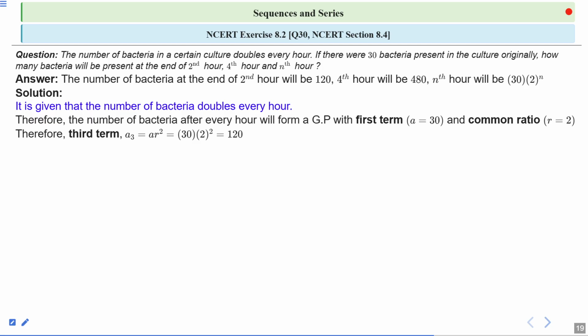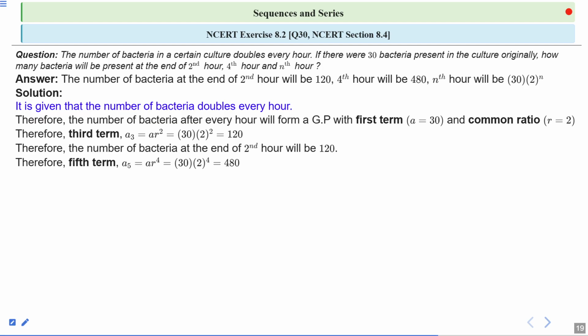So you will get the third term A3 equal to 30 times 2 square, that is 120. Therefore the number of bacteria at the end of second hour will be 120.